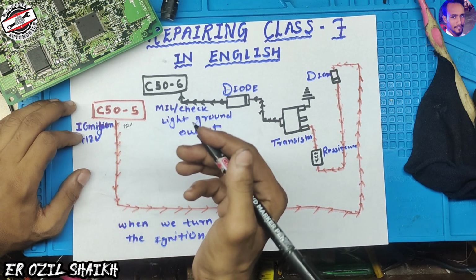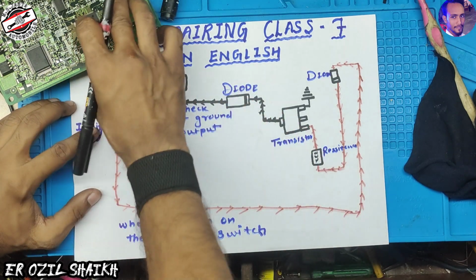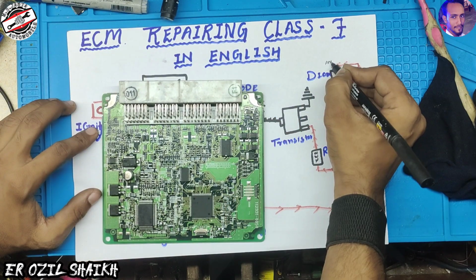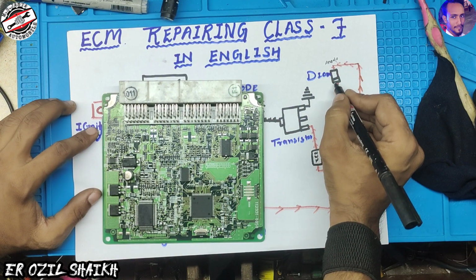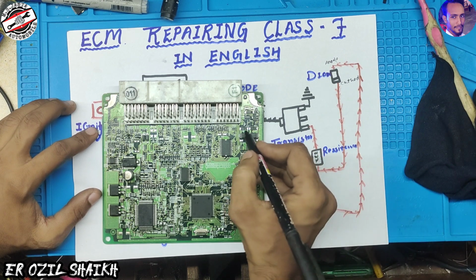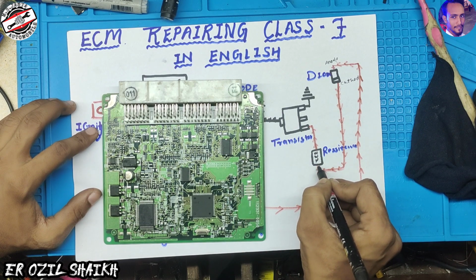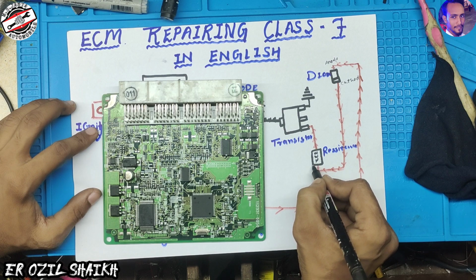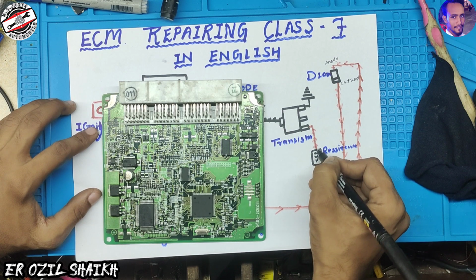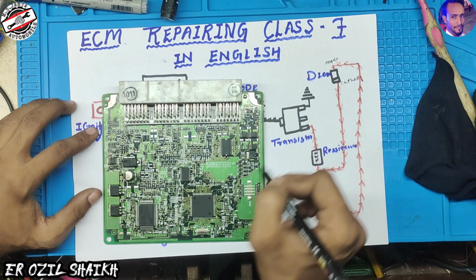When we turn on the ignition, at that time 12 volts ignition comes inside the board and goes to this diode, and this diode cathode goes to this transistor, this resistance, as you see here. One side of this resistance and another side of this resistance goes to transistor pin number 1.